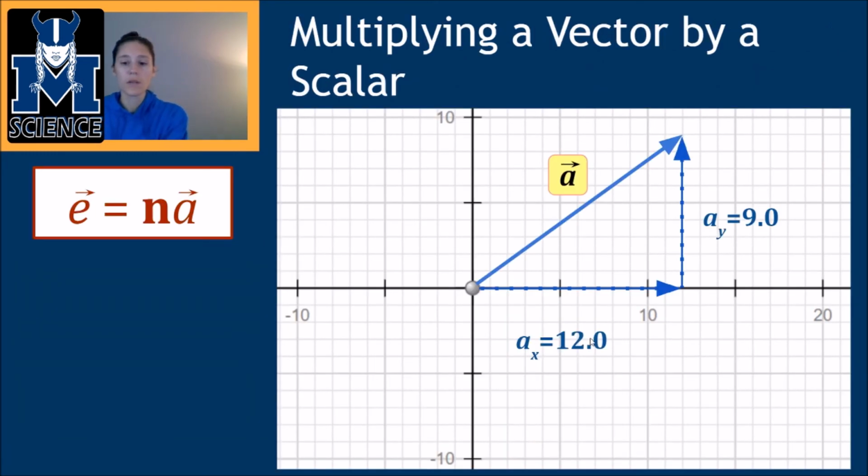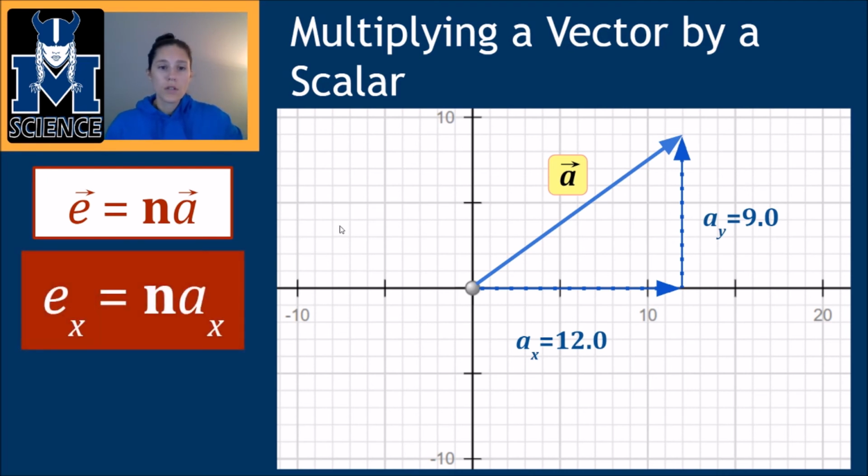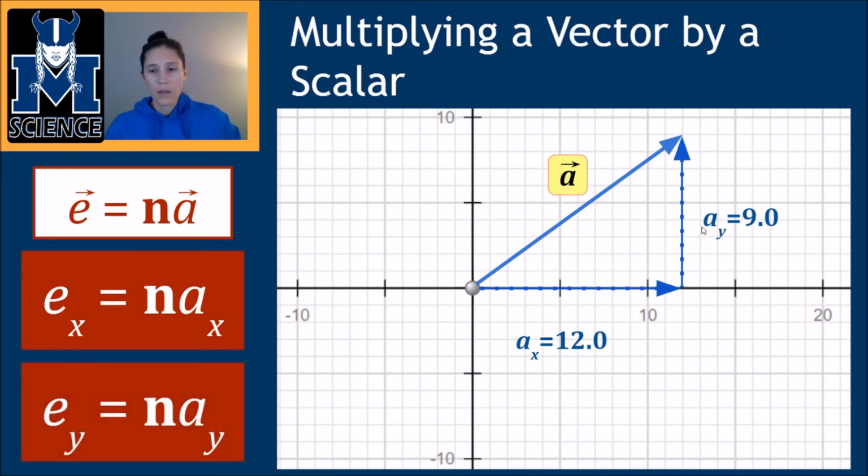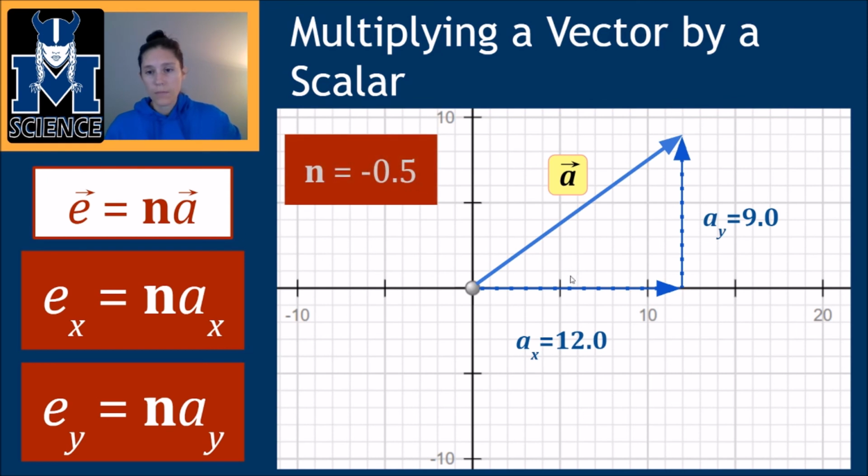Okay, the last thing we're going to talk about is multiplying a vector by a scalar. Let's say we had our trusty vector A that we've been working with, and we wanted to multiply it by some constant n. What you need to do is multiply each of these components by n. Let's say our n was negative 0.5. We take 12 times negative 0.5 and we get an x component for our E vector of negative 6.